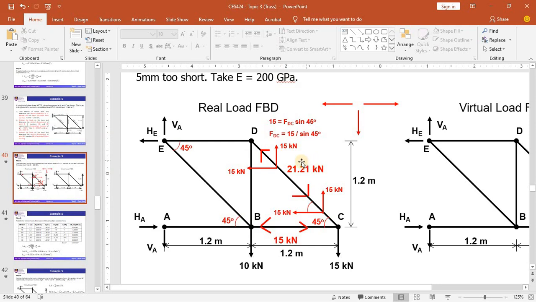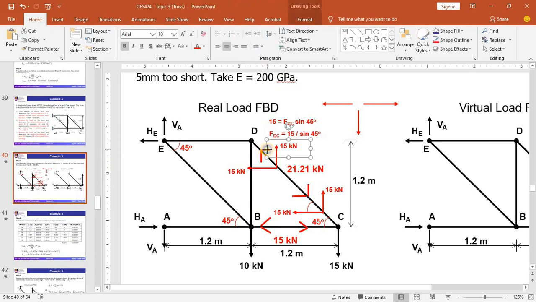To balance this 15 kilonewton upwards, you need to apply the same force in the opposite direction, meaning 15 kilonewton downwards in member DB.